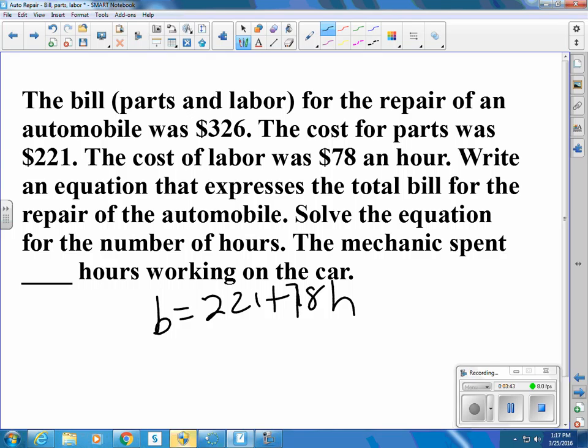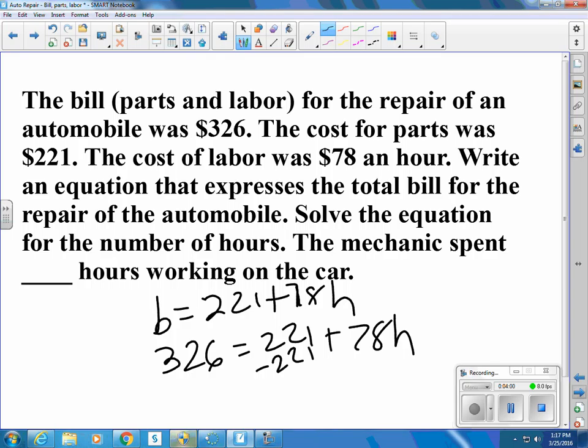And we know that the bill was 326. That's equal to 221 plus $78 an hour times the number of hours. Solving. To find out what the hours are, we have to get rid of the 221 from each side.